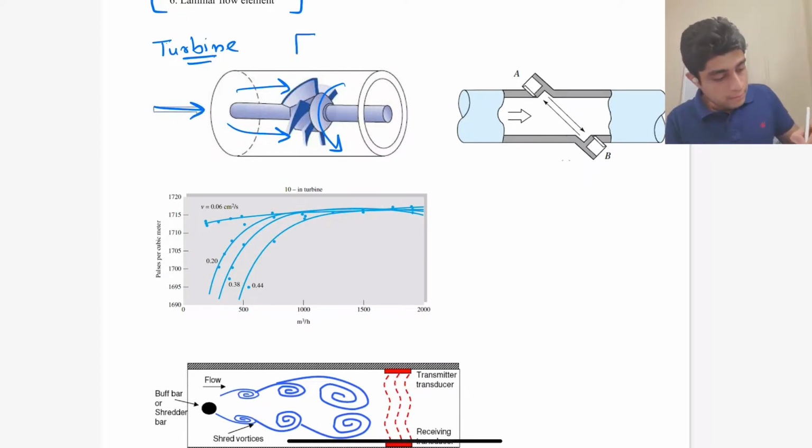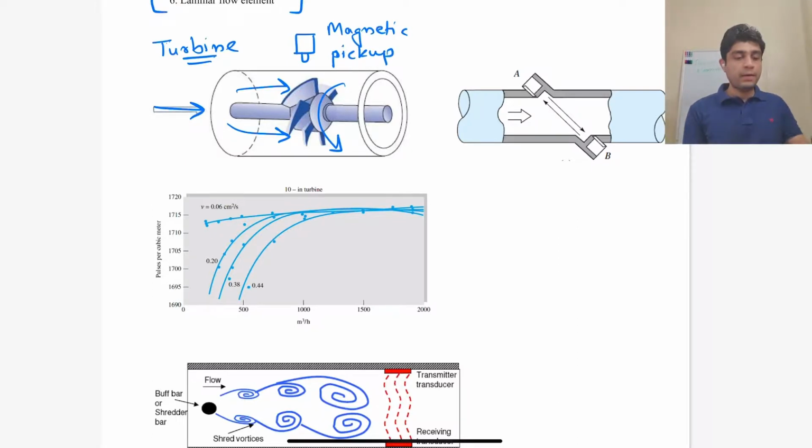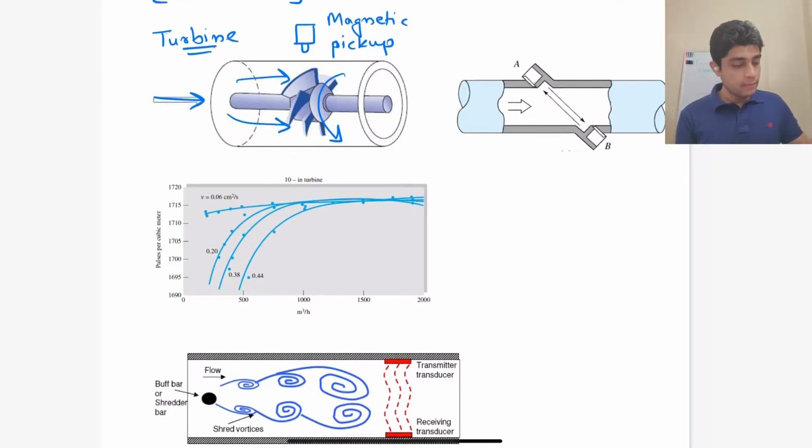Then we place a magnetic or electric pickup outside, so that as the impeller passes, the magnetic pickup can record and count how many times the impeller is passing, and then we can relate the number of pulses per unit time to the flow rate through the turbine meter.